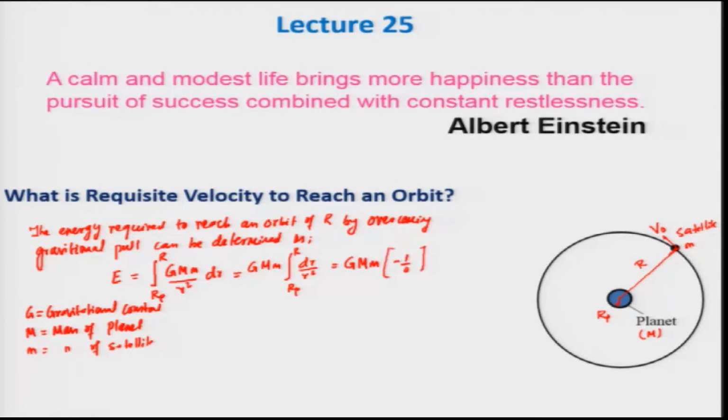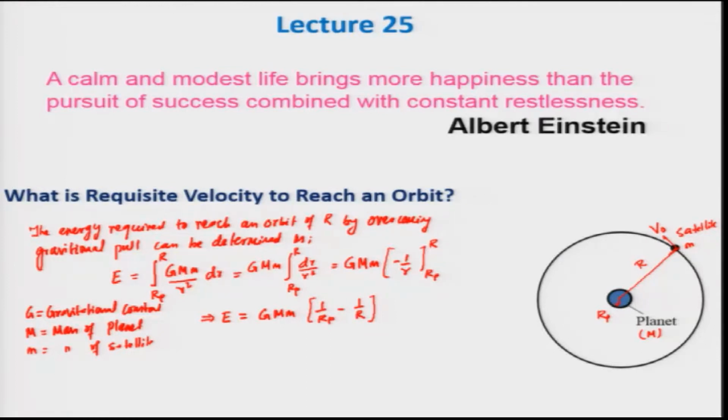So the energy becomes G M m times (1 by r p minus 1 by r). This says that the energy required for the satellite to overcome the gravitational pull and be placed in a certain orbit depends on r p and r, the other things remaining constant.